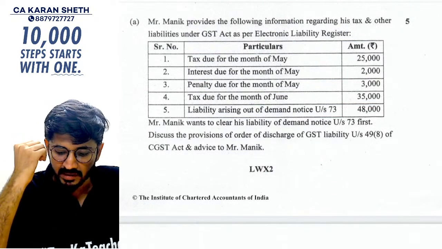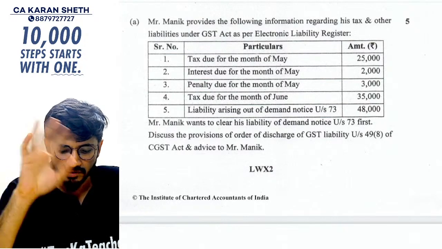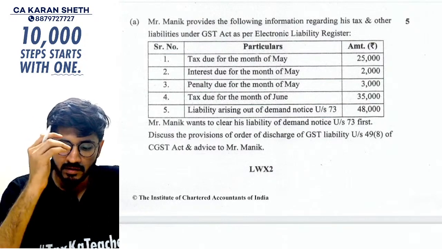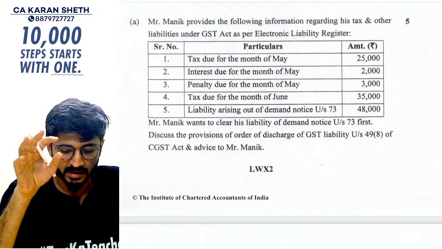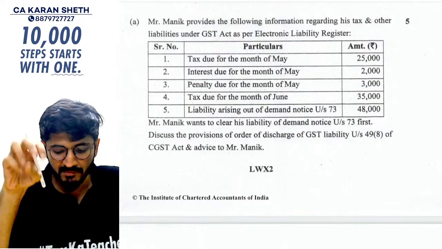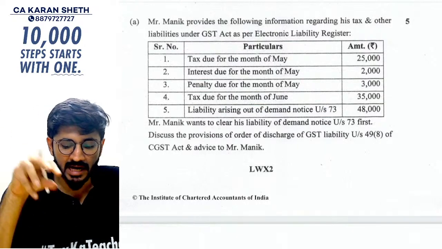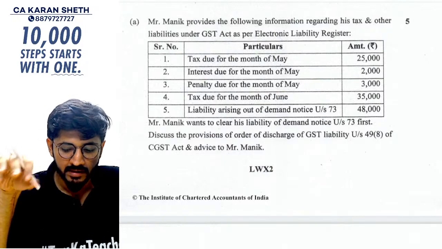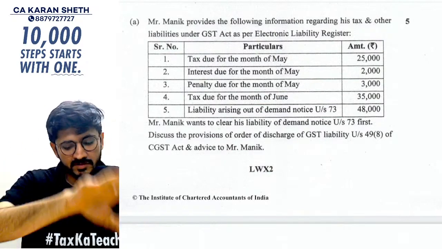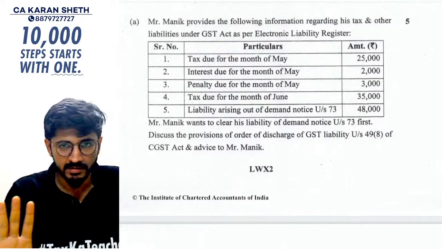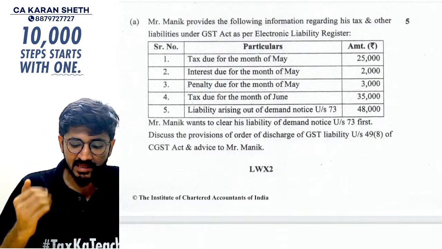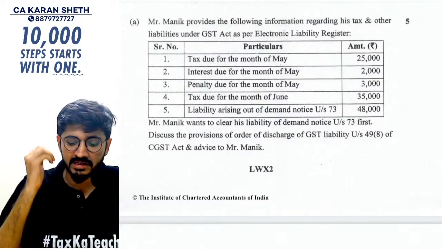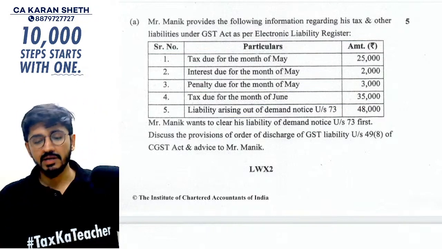Abhirami, why 1, 3? Simple. Okay, understand. So whatever liabilities we have for the month of May, that is tax, interest, penalty, that is one only. The second thing is tax for June, and the third thing is liability arising out of the demand notice.